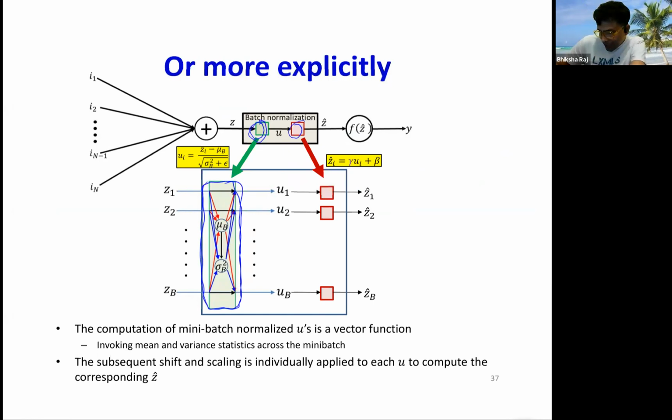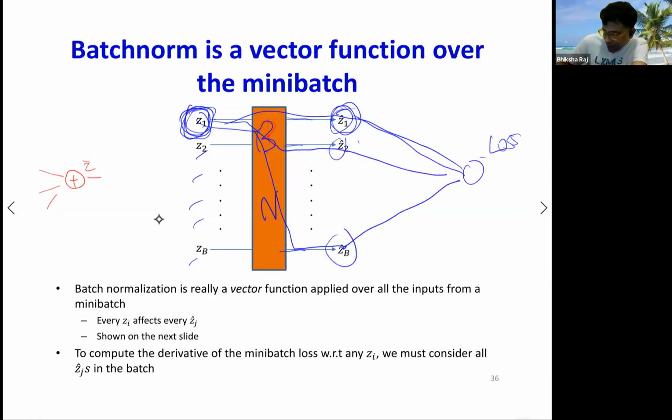So this data centering operation, and in fact batch norm in general, is actually a vector operation. It's not a scalar operation, but it's not a vector over a vector in the conventional sense. The vector components going in are the z values for the entire mini batch, and the vector components coming out are the z hat values for the entire mini batch.